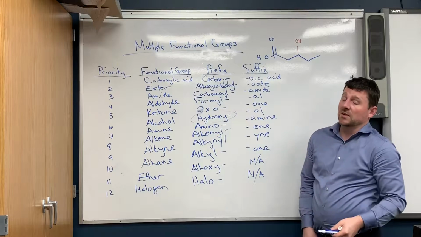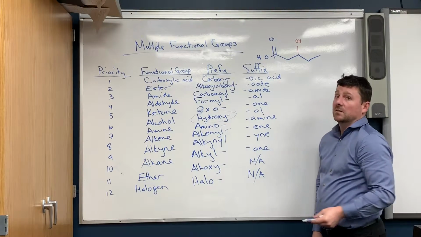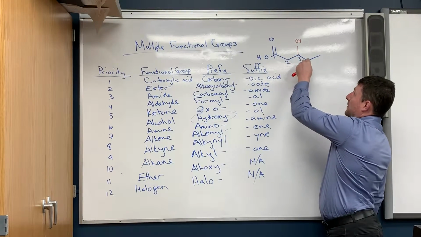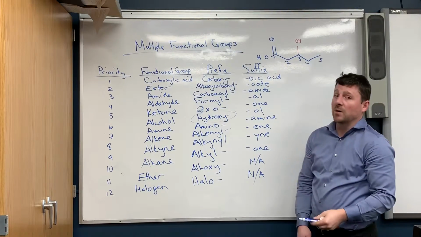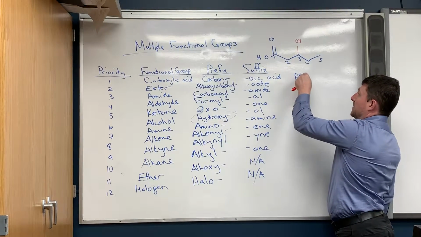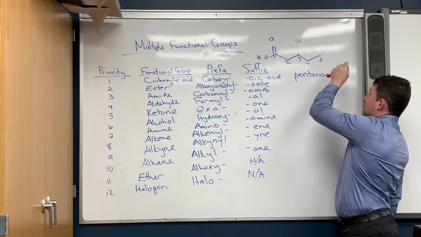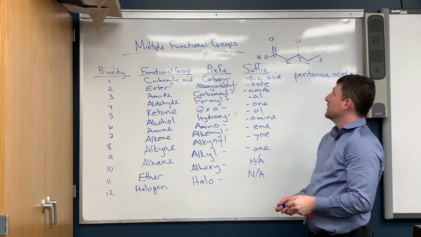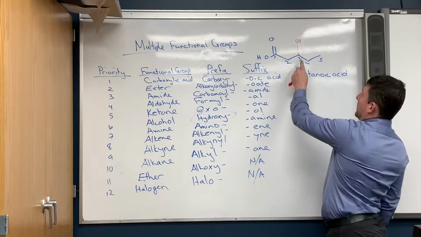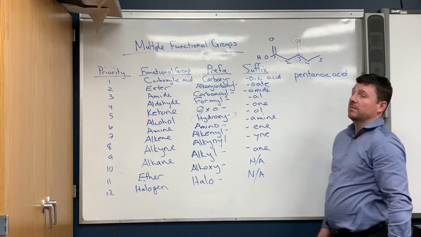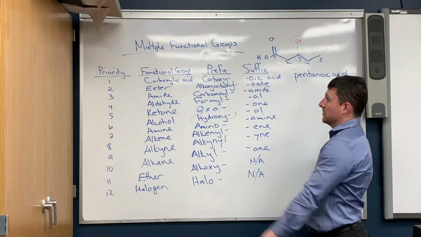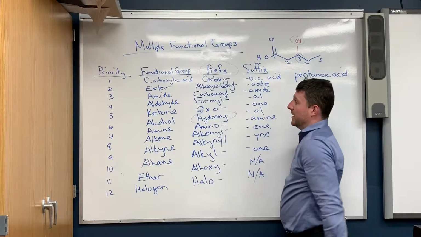Carboxylic acid is going to get priority, so it's going to be carbon number 1, 2, 3, 4, 5. So this is a 5-carbon main chain. This is pentanoic acid. So that's my main chain name. And now I can see on the 3rd carbon, I have my alcohol. So what am I going to use as a prefix for my alcohol?